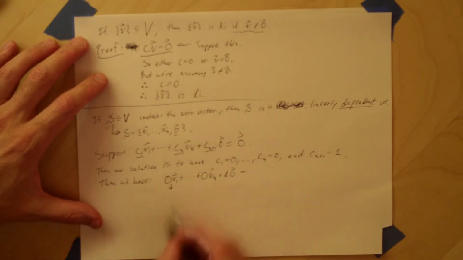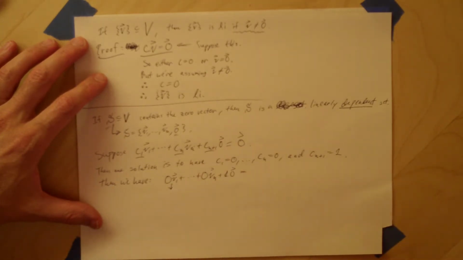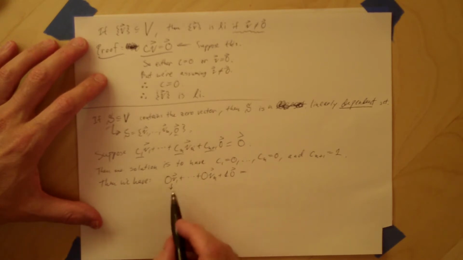And we already know, early on, look in the notes in section 3.1, one of the first few pages, when vector spaces were first introduced, it was shown that the scalar 0 times any vector gives you the 0 vector.